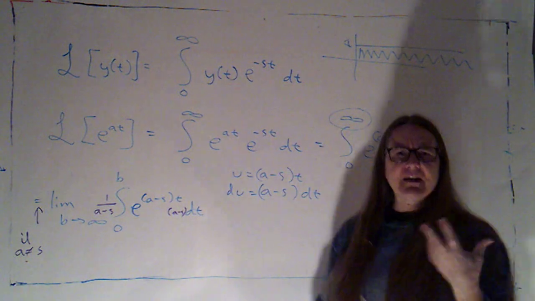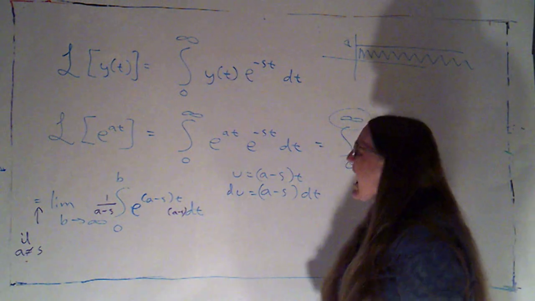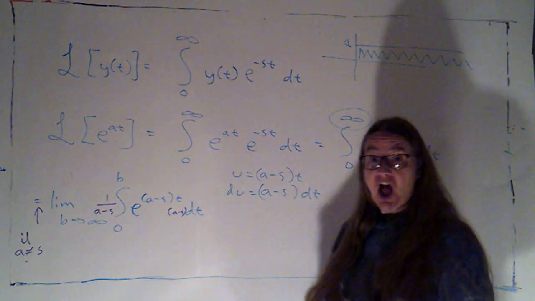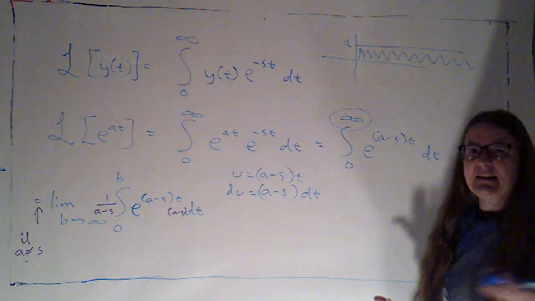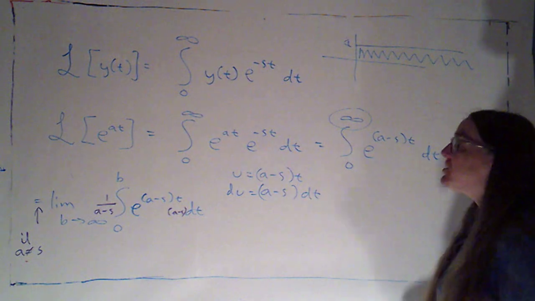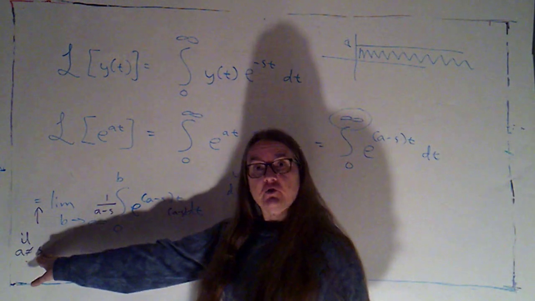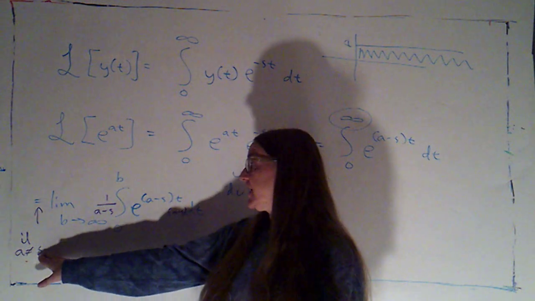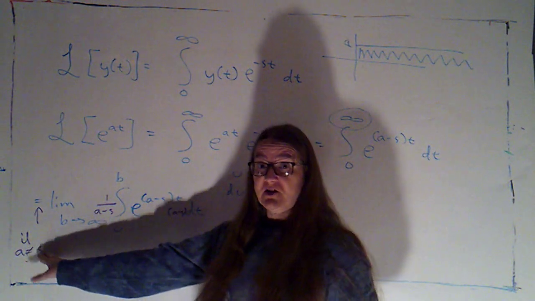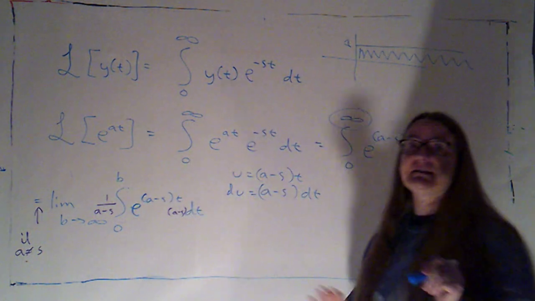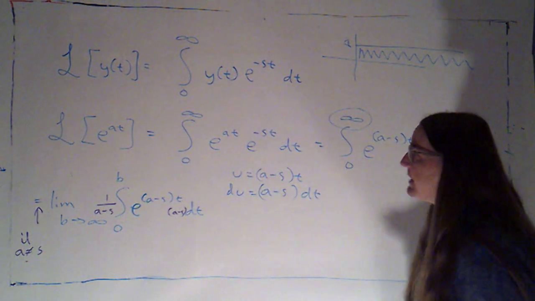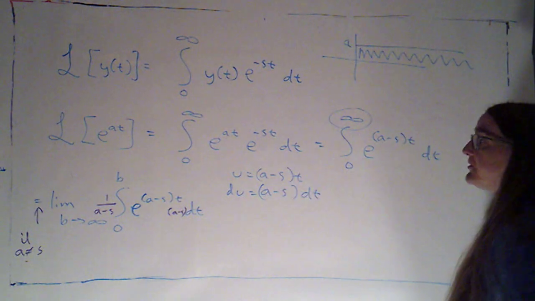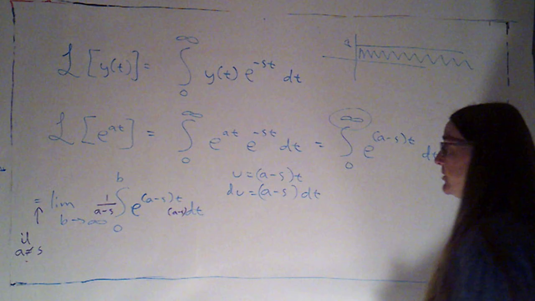That would be an integral that diverges. And we're going to see that we only want to do this when we get an integral that actually converges, because, of course, infinity is not a function of s. So we are going to have some restrictions on s for this particular Laplace transform. And one of those restrictions we can see right now is that s is not going to be allowed to equal a. But for all other values, I can evaluate this integral now.